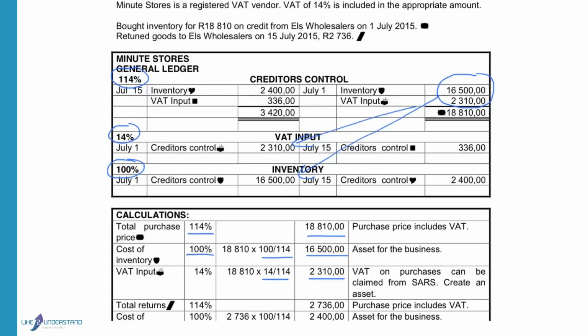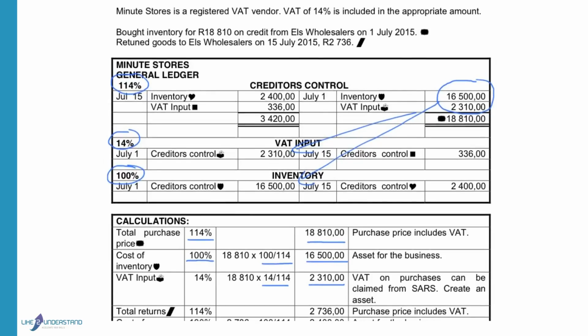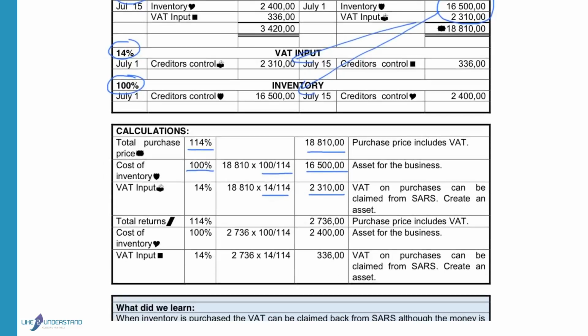The second entry that we will record is when the goods are returned to ALS, 2,736. So first of all, again, we must calculate of that 2,736, how much is the cost price and how much is the VAT. So the 114% that we return equals 2,736.